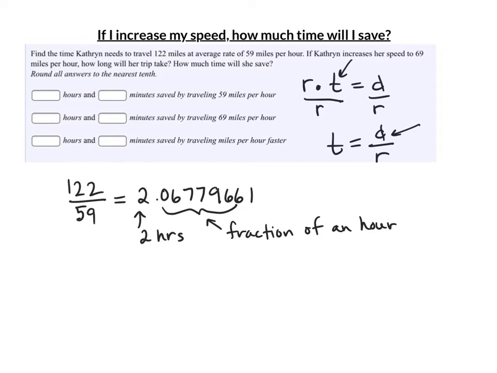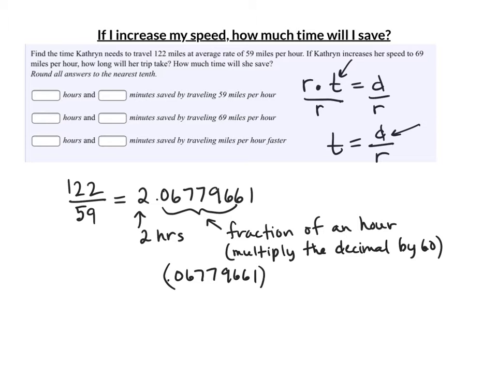What we do is we multiply the decimal by 60. So take and subtract off the 2, and take 0.0677961 and multiply it by 60 minutes to see how many minutes that is.